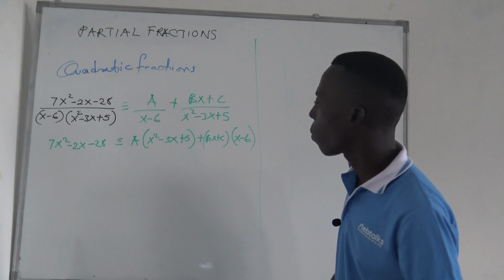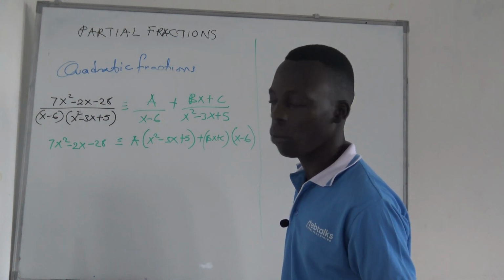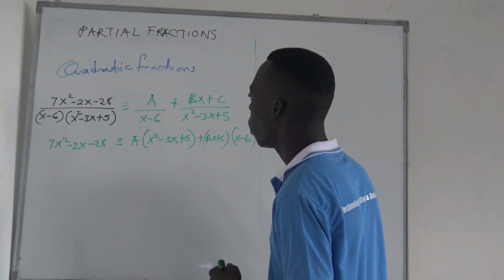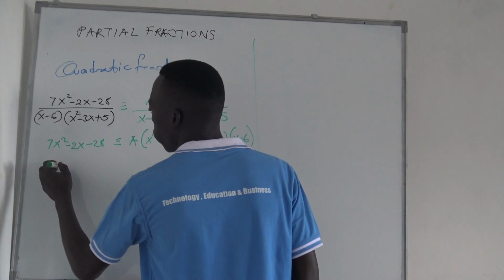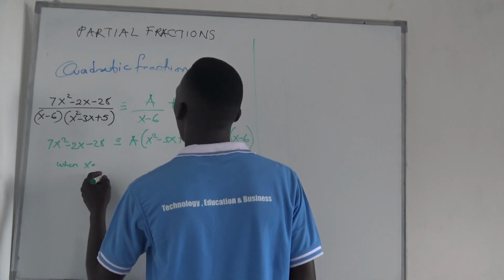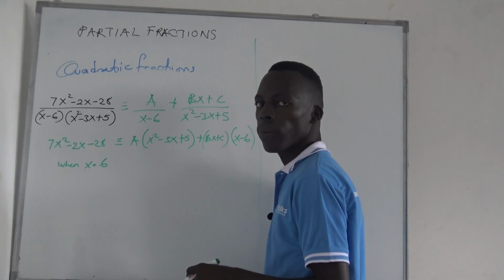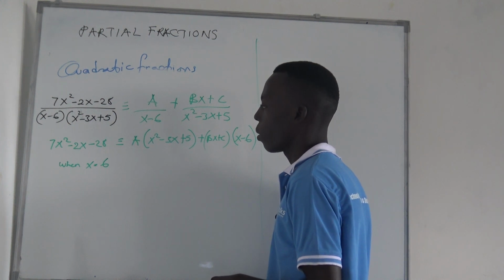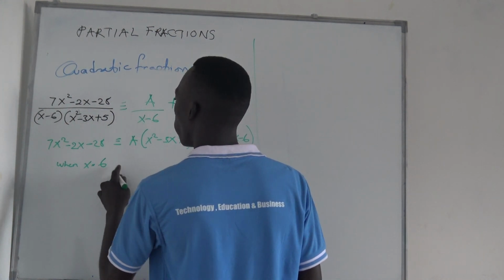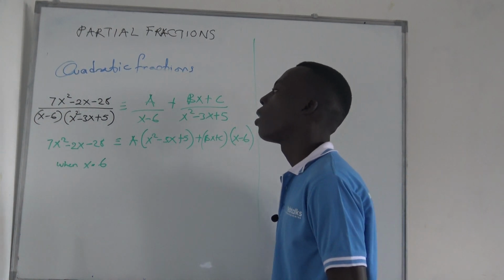So we are going to check on those numbers which you can substitute so that you can get others which are 0, so that you can get the remaining. So when x equals 6, we put in this one, x squared is 36.